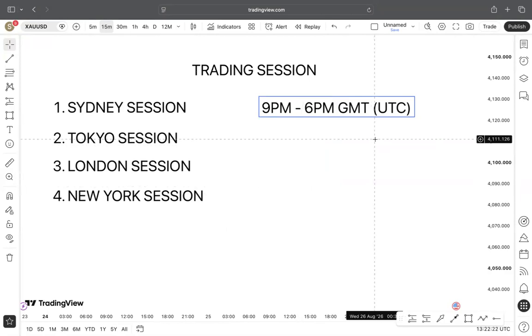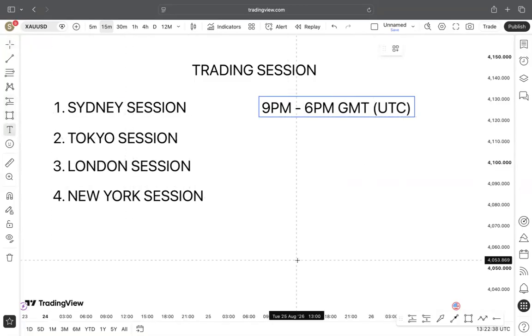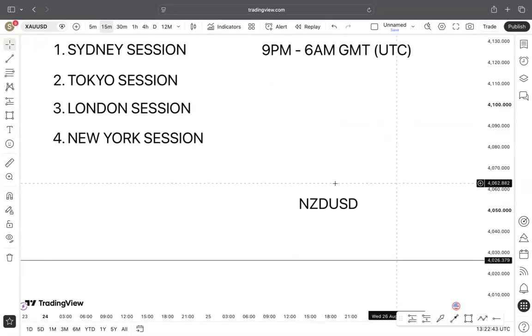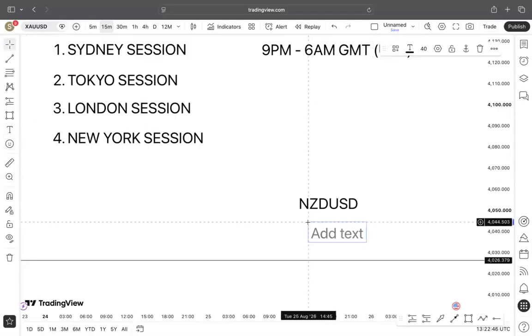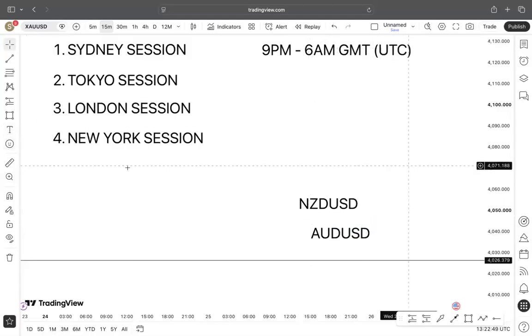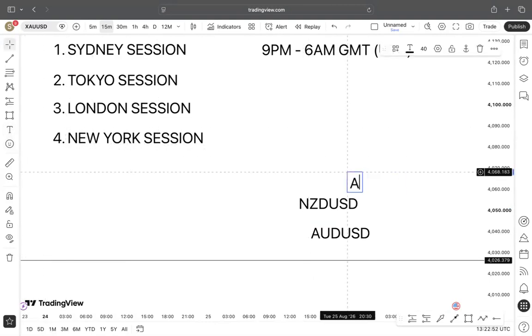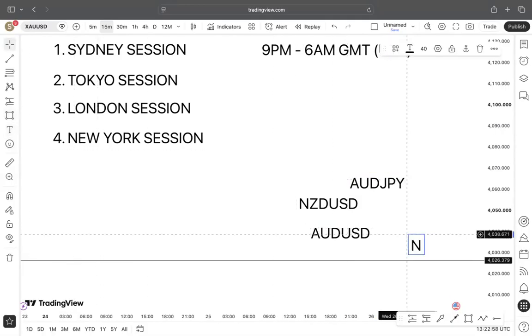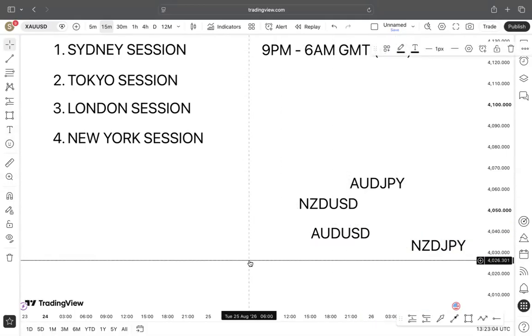Now, trading activity is generally moderate during this session, which means price action is not so fast and not so slow, it is moderate. The most active pairs during this session include pairs like the NZD USD, the AUD USD, the AUD JPY, and the NZD JPY.